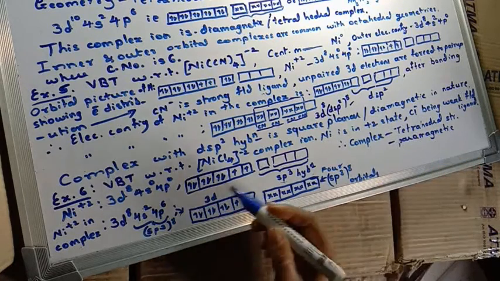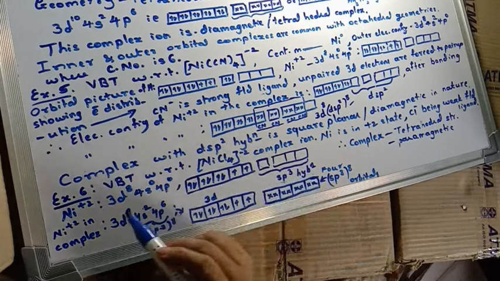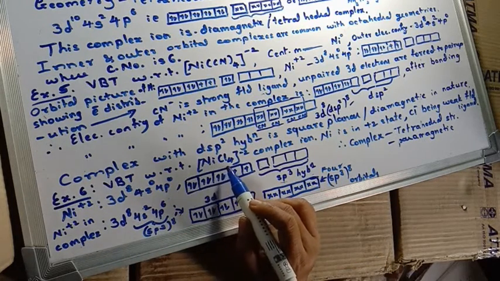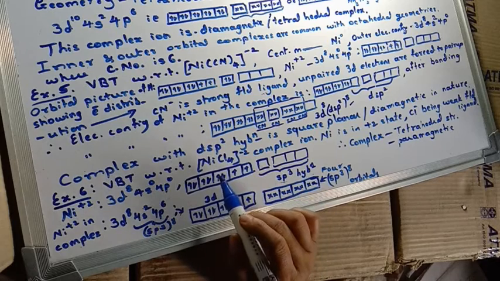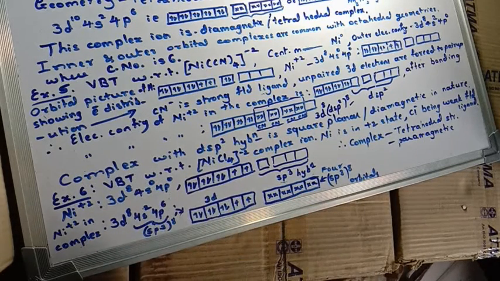So this much is the explanation regarding the complex ion [NiCl4]2-. Now we'll move on to the next example in the next class. Okay, thank you.